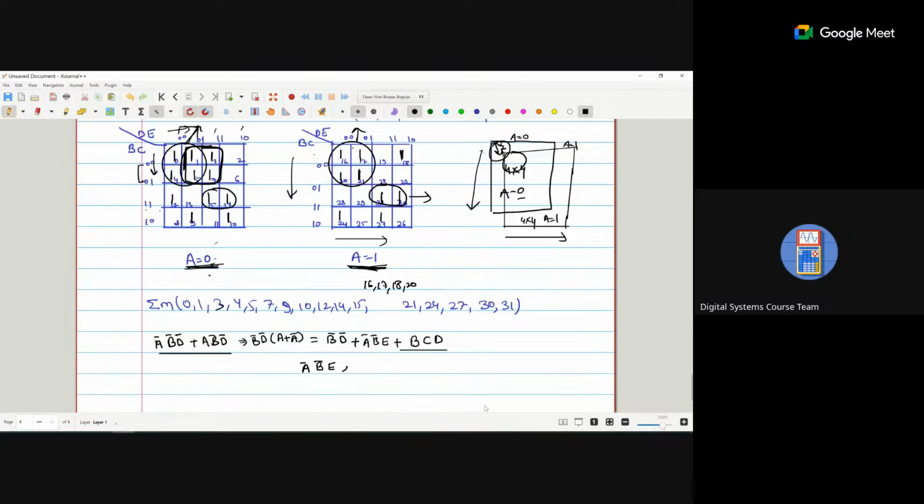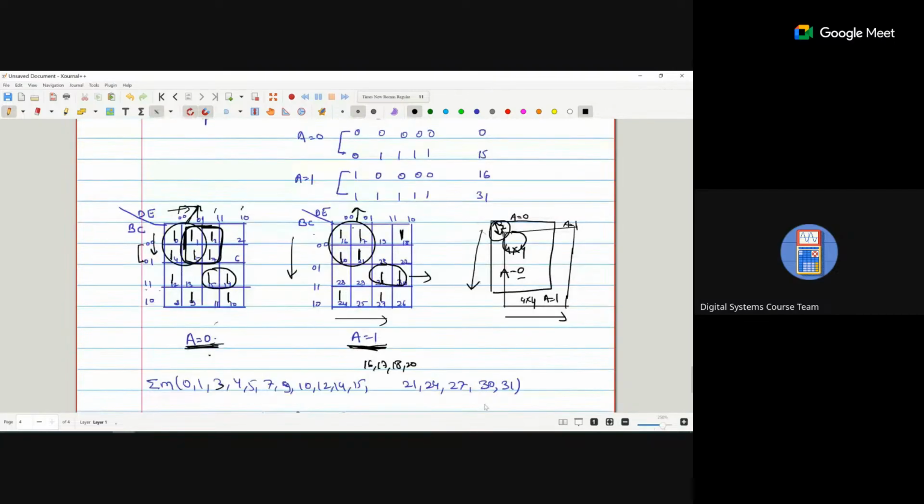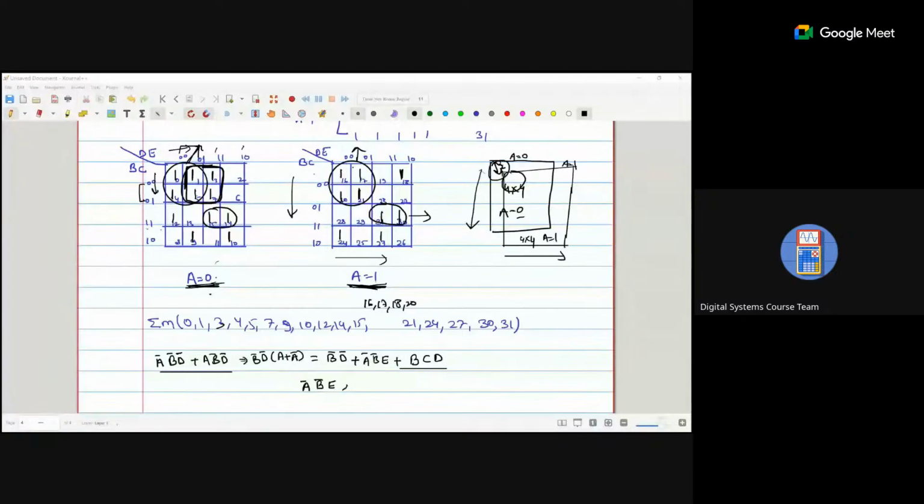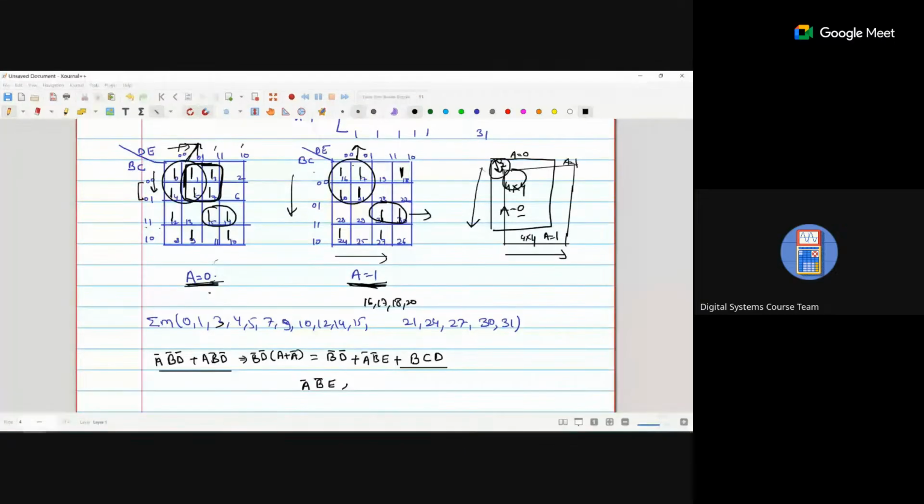Should I repeat it again? Or is it understandable how we solve the 5 variable K-map? Okay.